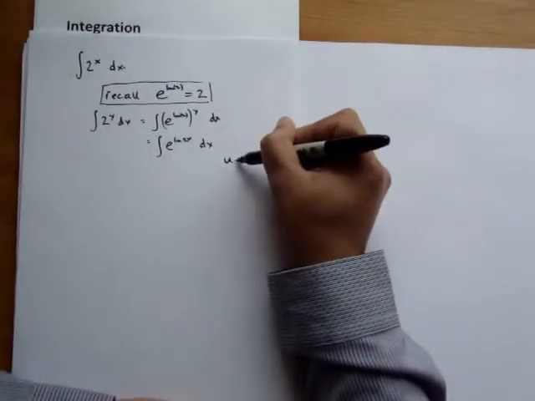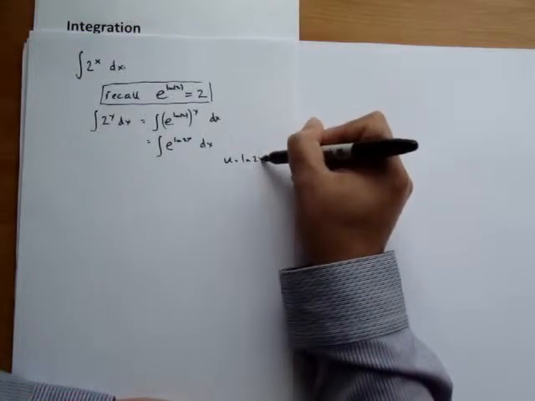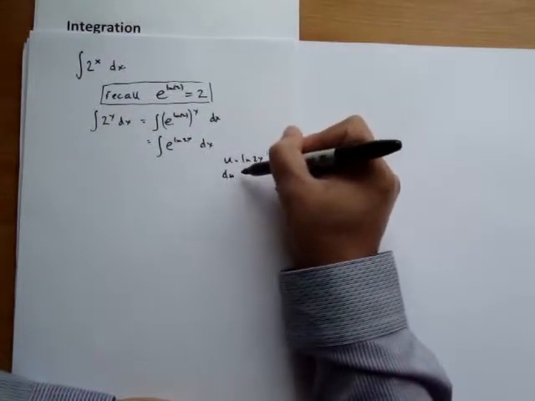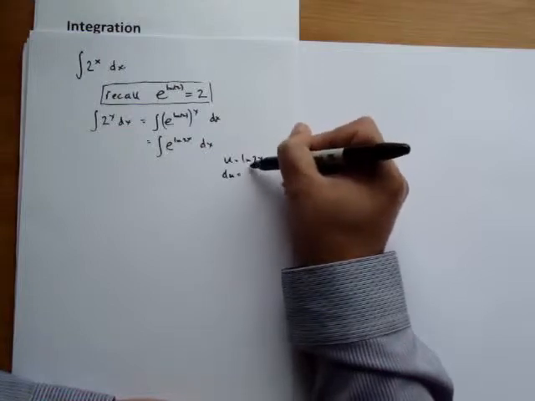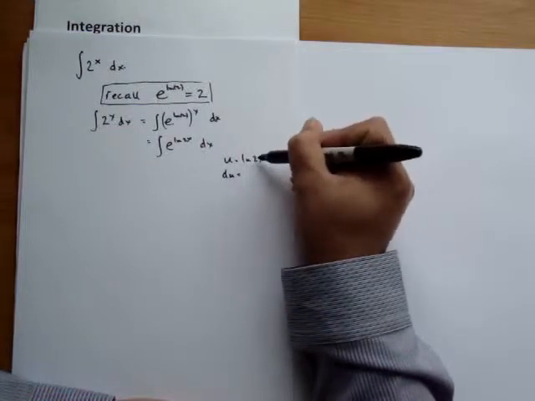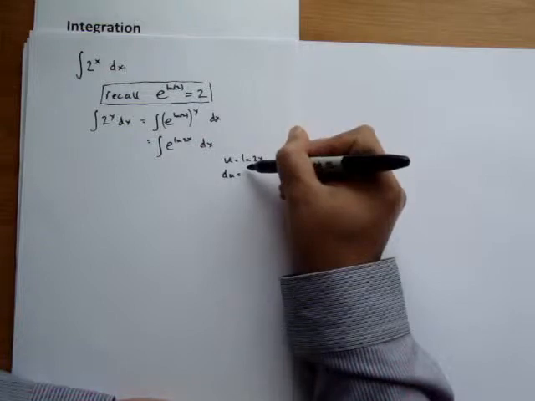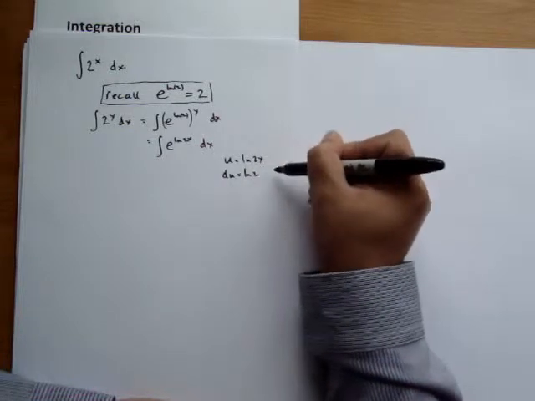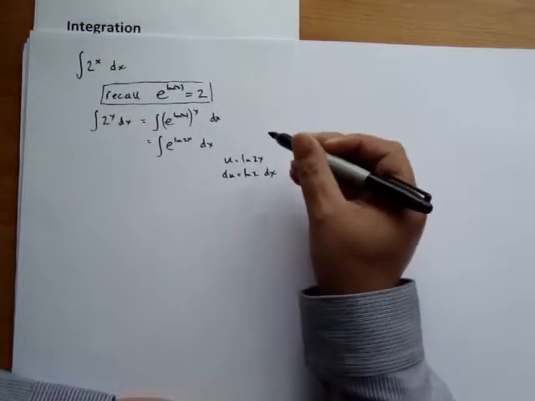Let u equal natural log of 2 times x. Du then becomes, because natural log of 2 is a constant, natural log of 2 dx.